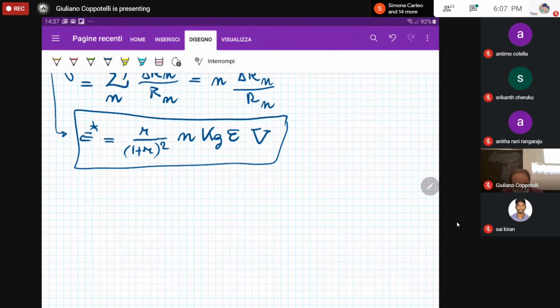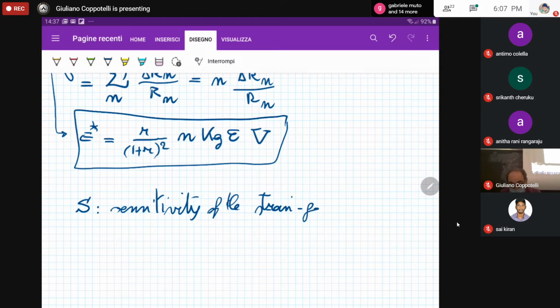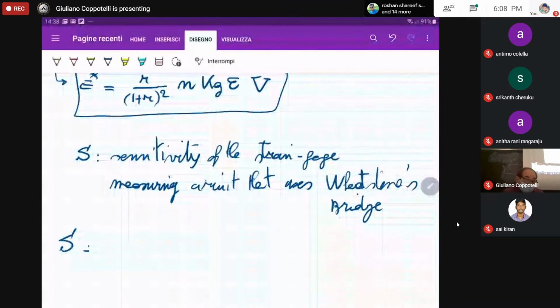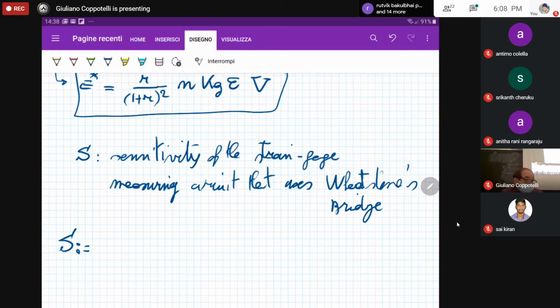The sensitivity S of this device, of this bridge, so that is the sensitivity of the strain gauge measuring circuit that uses the Wheatstone bridge, is given by, as usual, the ratio between the output and the input.